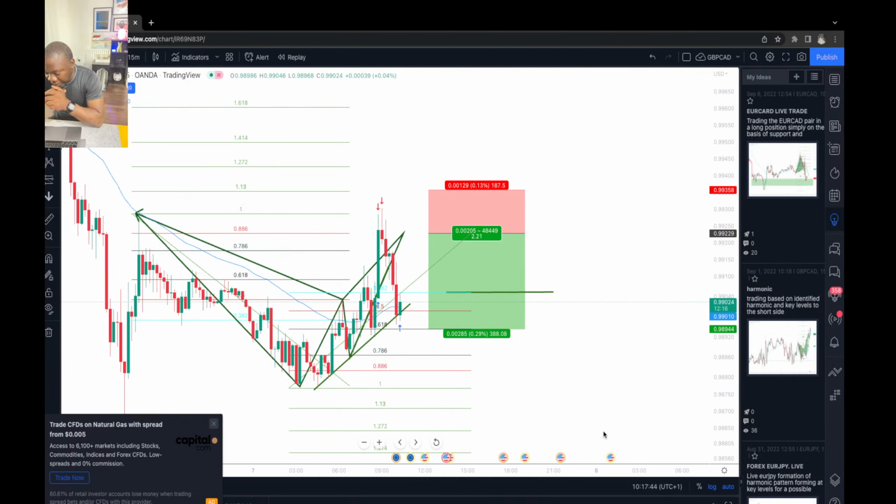We did make some profit, not a lot. The pattern held up to an extent. That's why sometimes I don't put stop losses on, but I'm sure this will go down as well. I'm not going to enter the trade again. That's the end of today's trading session.